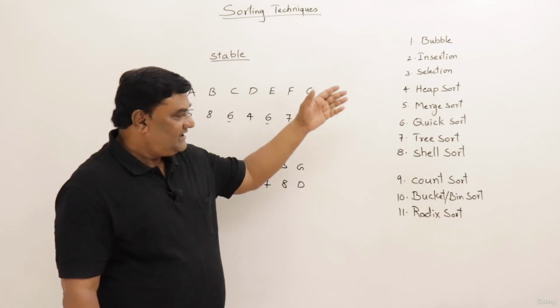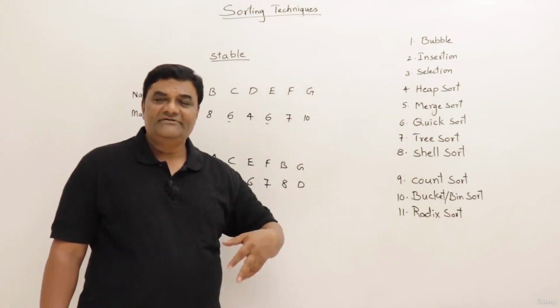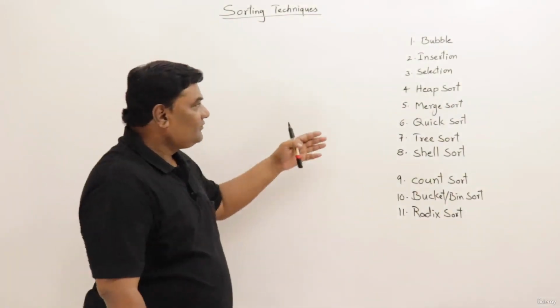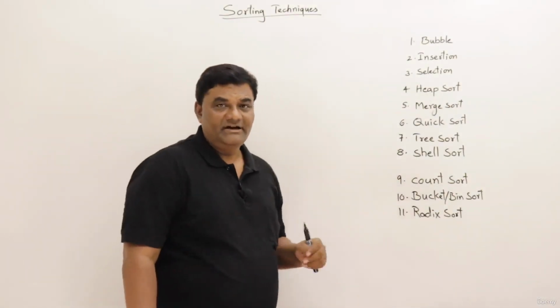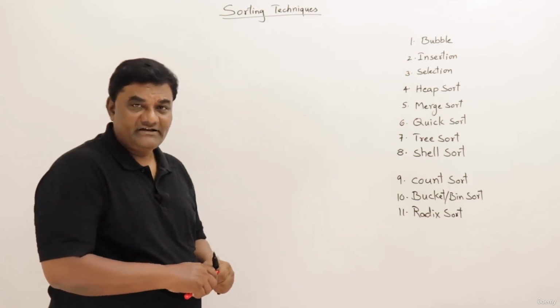Now I'll briefly give you the idea about all these sortings. I have listed them, then briefly I will talk about them. We are going to learn about all these sortings one by one, but let us get a broader picture of all these together.